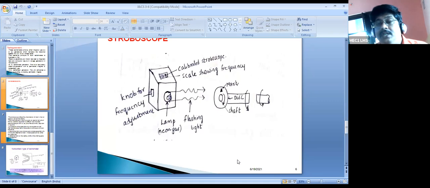Now see here, don't waste your time in this COVID pandemic situation. Once the time is there, we have to utilize it. You have to enhance wherever you are weak and improve yourself. It's very important.